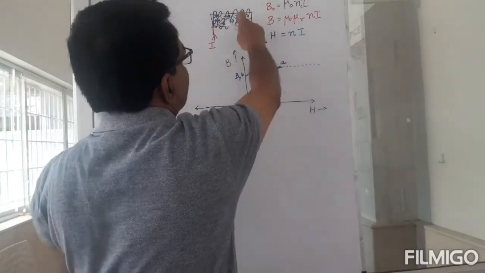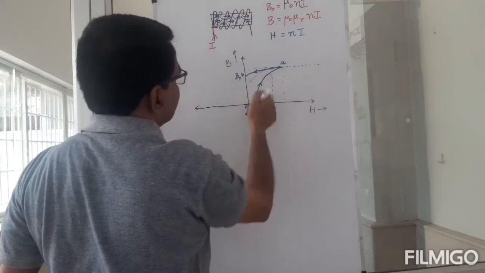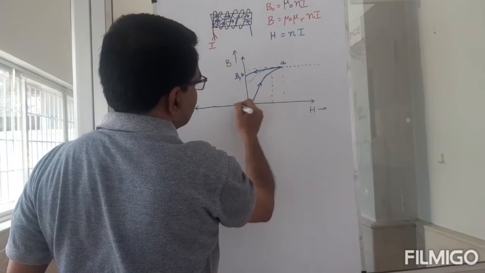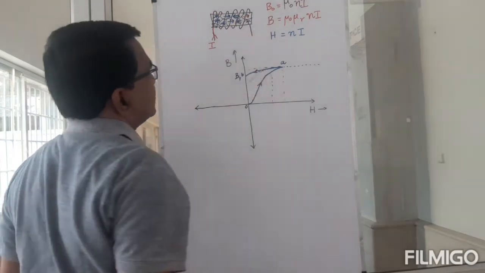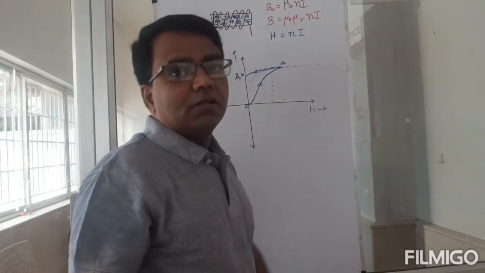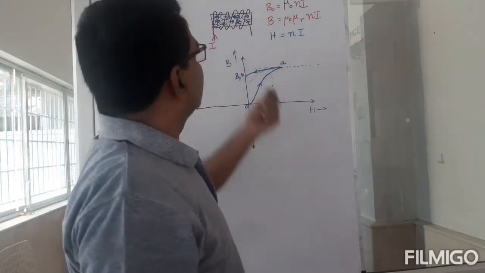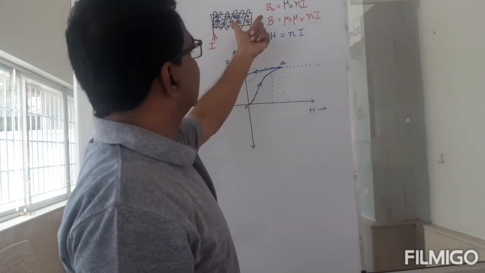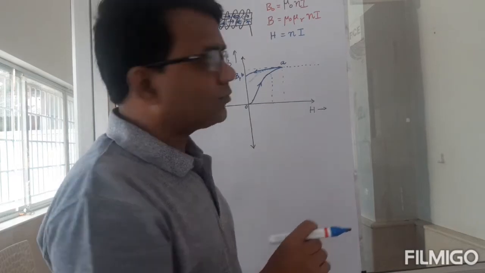So the net field may go from here to some value I, by reversing the current, and maybe these two domains will be flipped in the opposite direction. So then the net magnetism of this material comes down.